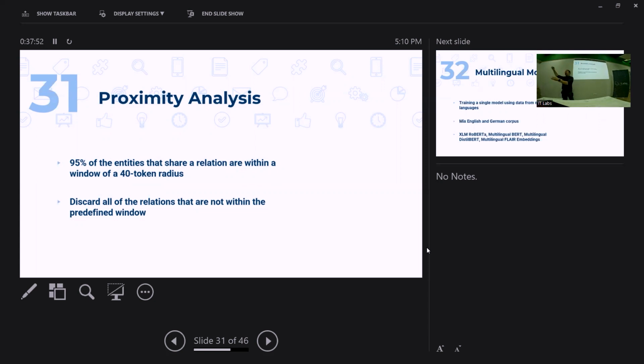It's not at the end of the sentence. Even though in 5% of cases he speaks a lot, and then he gives the price, 95% was not the case. So we also tried to discard all of the relations that are not within the predefined window in order to improve the accuracy of the model, because sometimes long distances can confuse the model.